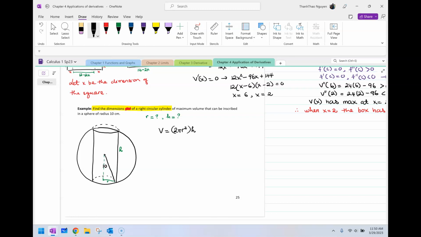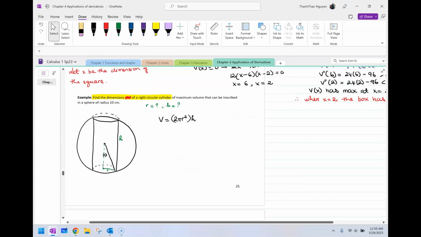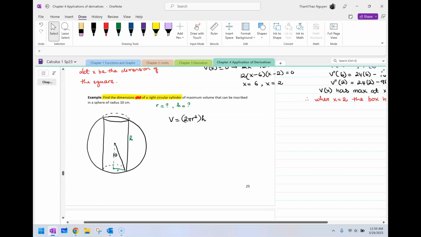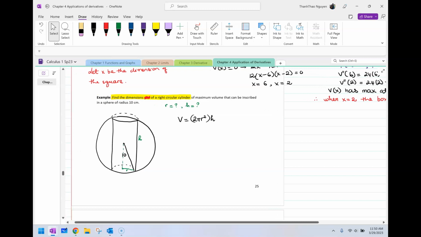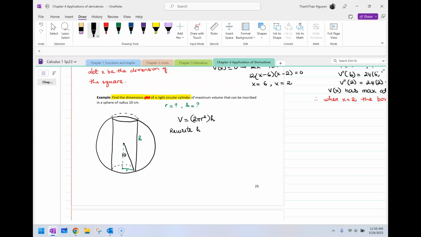Okay. So here we don't want to solve a function with two variables, so we will rewrite the function in terms of one variable. So here what I do next is to rewrite it in terms of r.